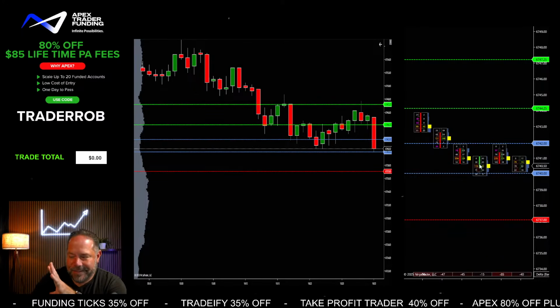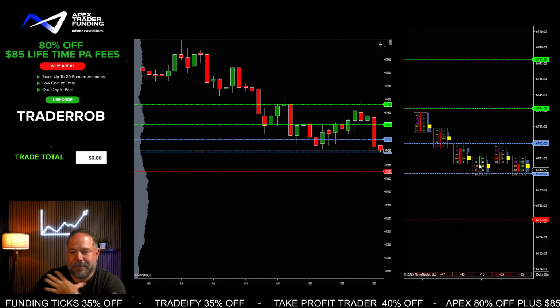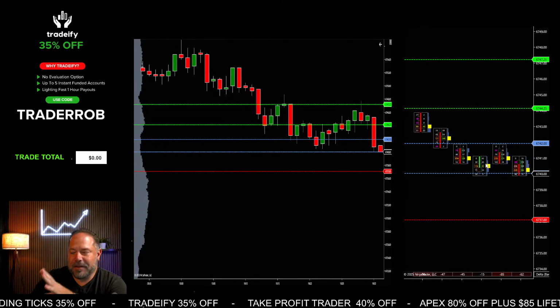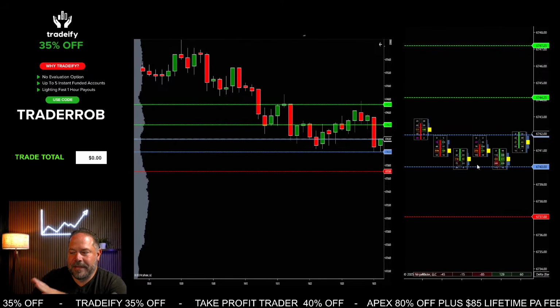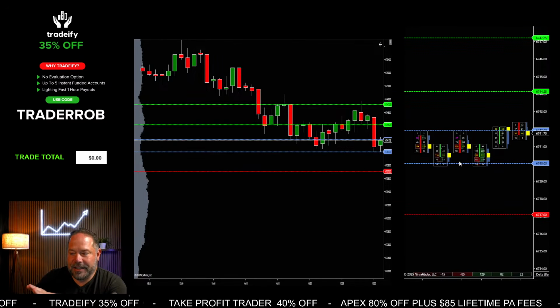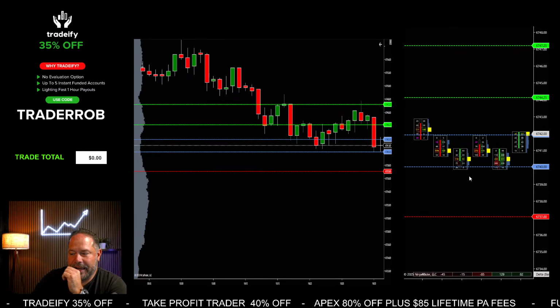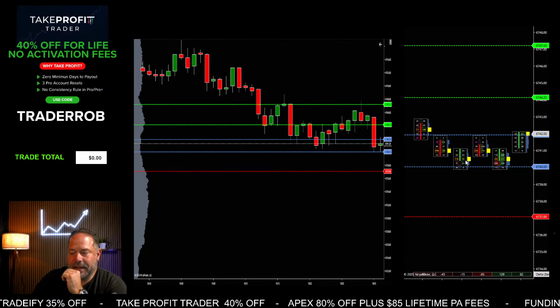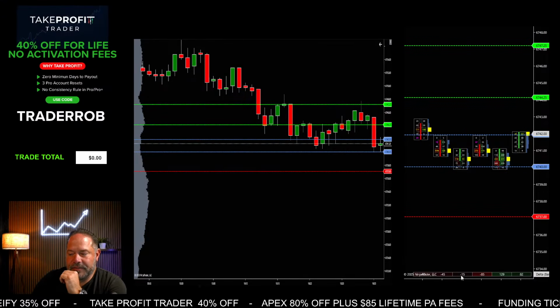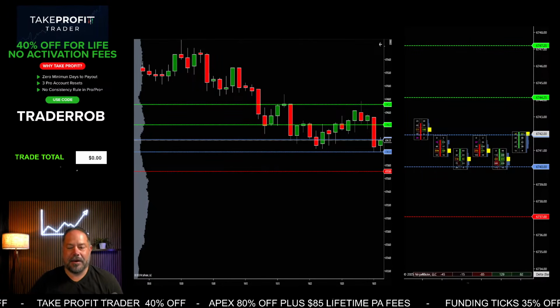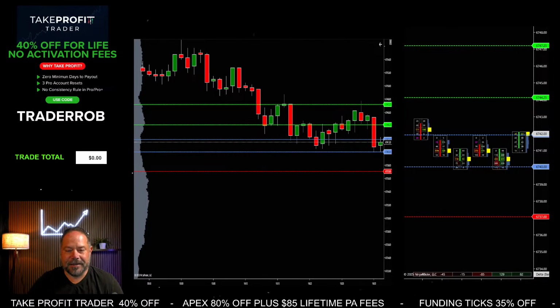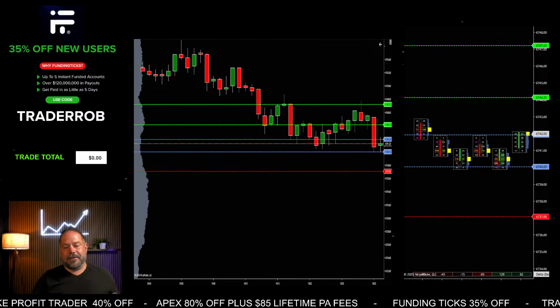Now, again, this would not be a setup that I would take, I'm giving you this as an example of where I would have taken a trade initially. We had a green footprint candle with negative delta, negative 15. That would have been my confirmation. Now, I would have wanted to see that over here, because that would have been my trade setup. Now the trade's already played out.